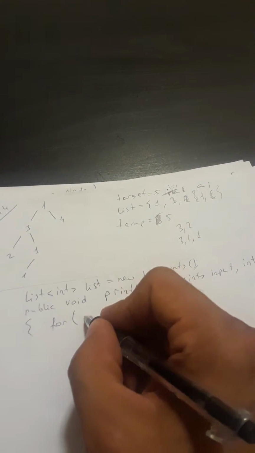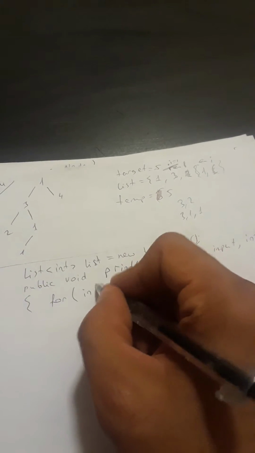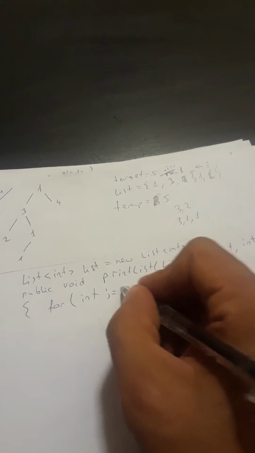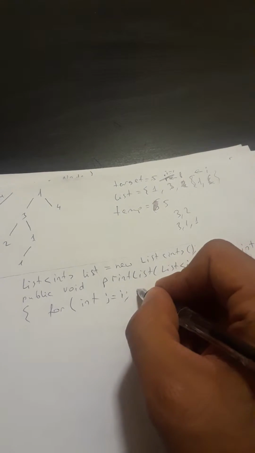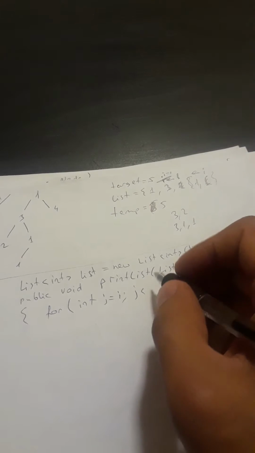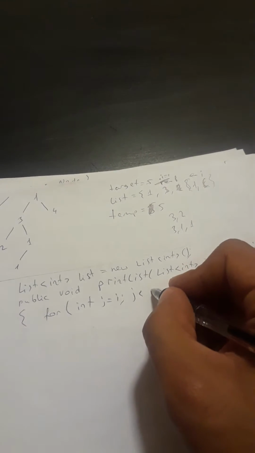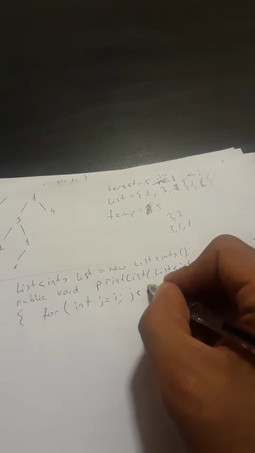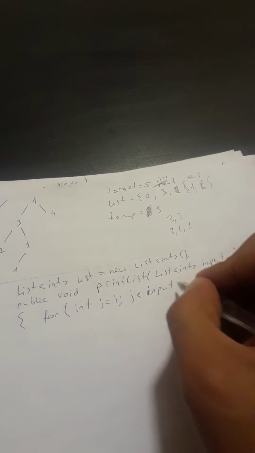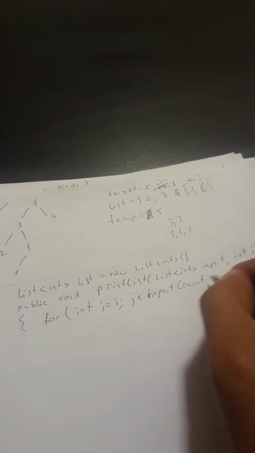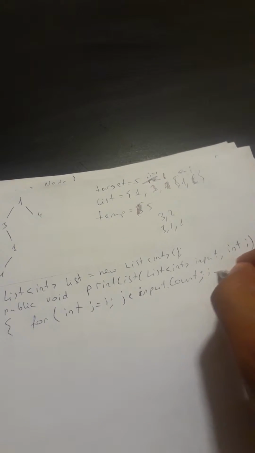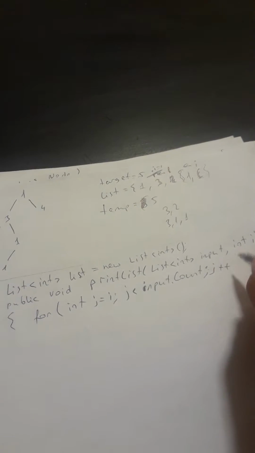Here I will use a for loop with j, which will be equal to i, and j will be incrementing until it reaches the end of the list.